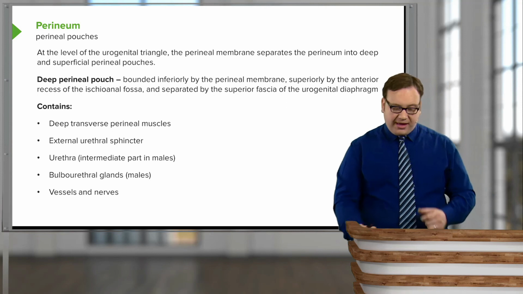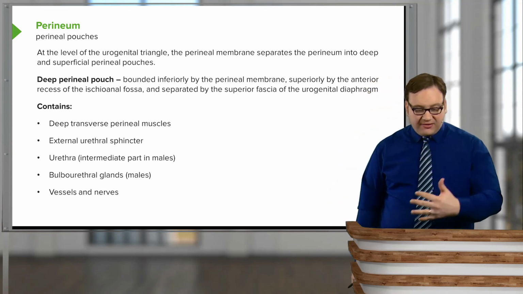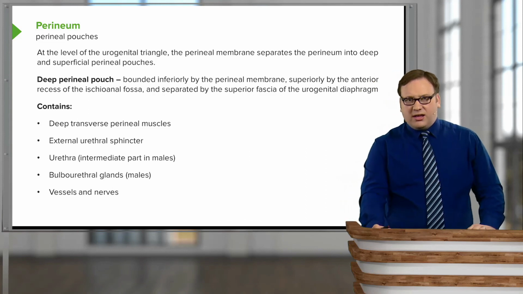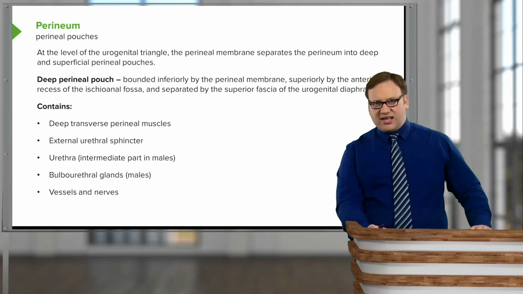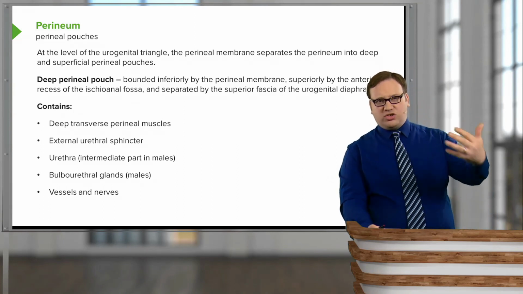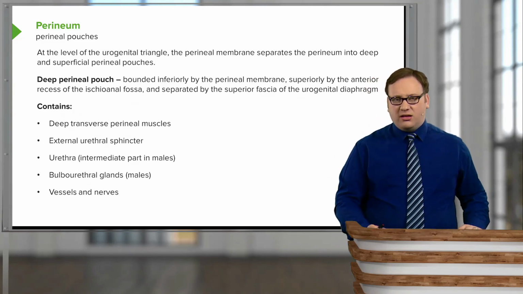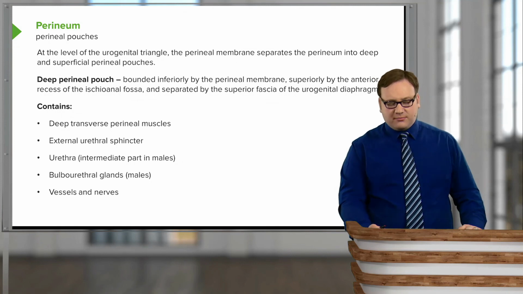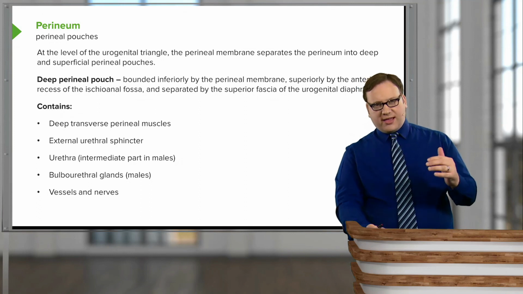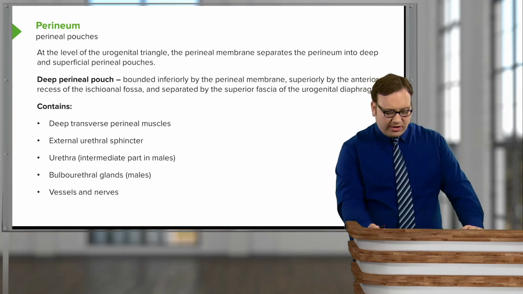If we look at the deep perineal pouch, that is bounded inferiorly by the perineal membrane, and superiorly, it contains the anterior recess of the ischioanal fossa. Ultimately, most superiorly, we'd have the levator ani muscles. It contains the deep perineal pouch, so everything that is superior to the perineal membrane.